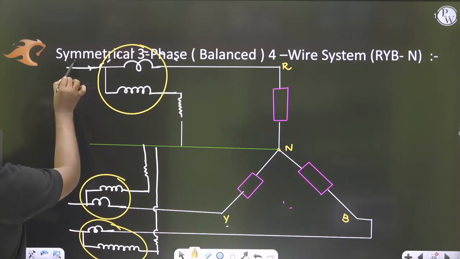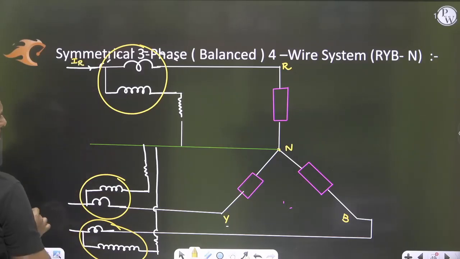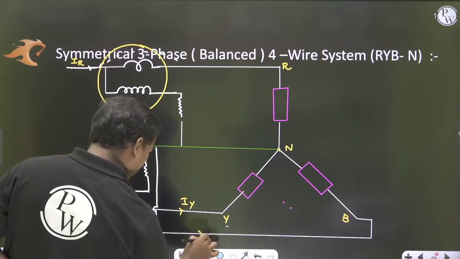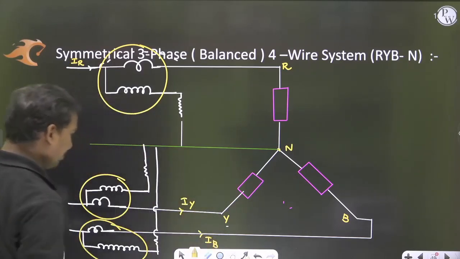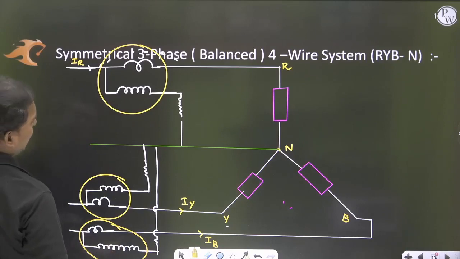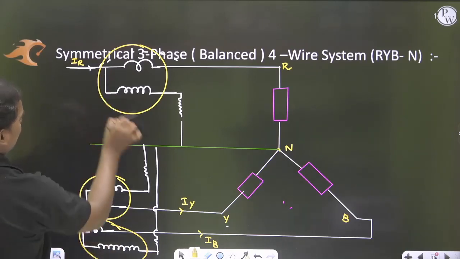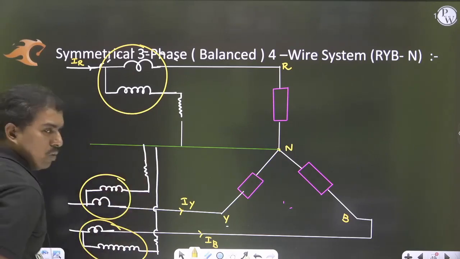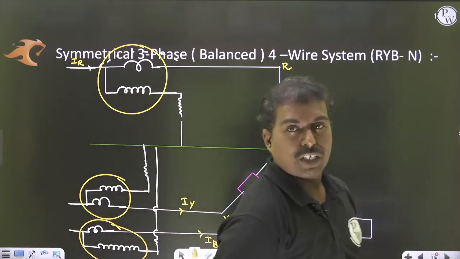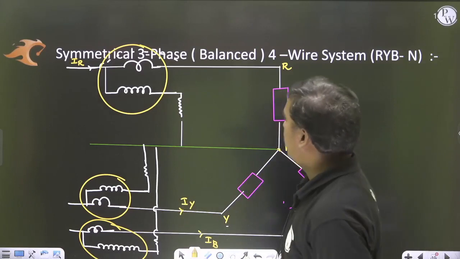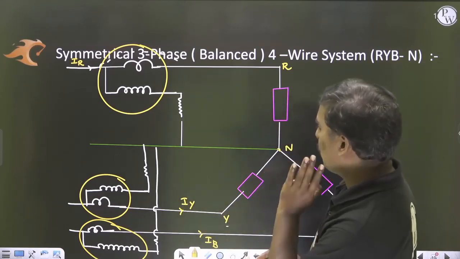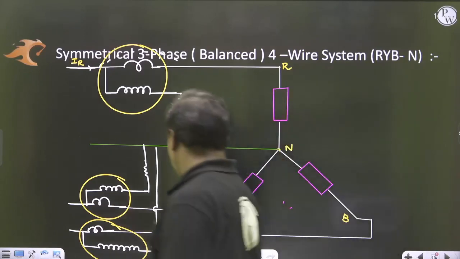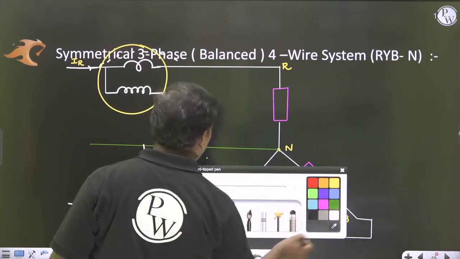We can take this as IR, this as IY, this as IB, and the voltages are VRN, VYN, VBN. So if you see this picture, it is a balanced symmetrical 3-phase but 4-wire system. How many wires are there? 1, 2, 3, 4 wire. So this is what we call wattmeter 1.